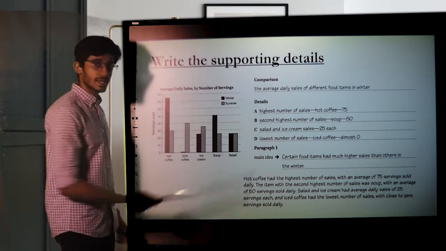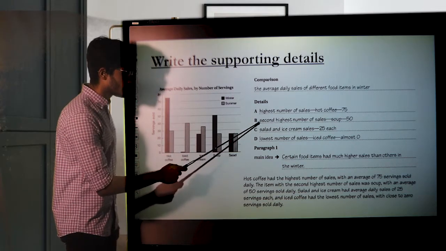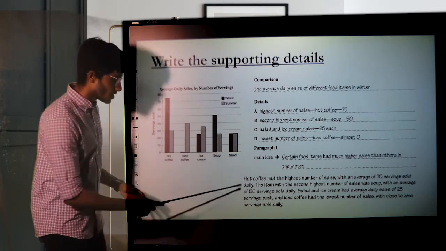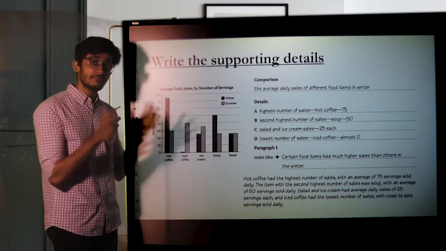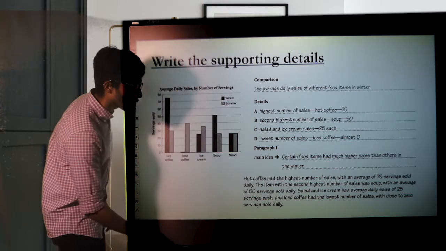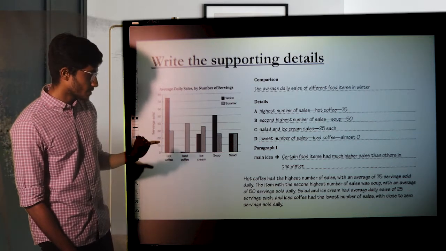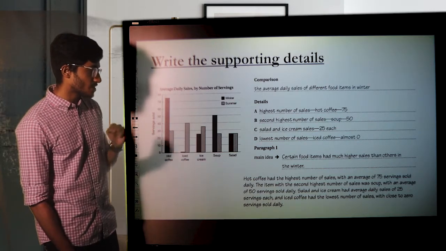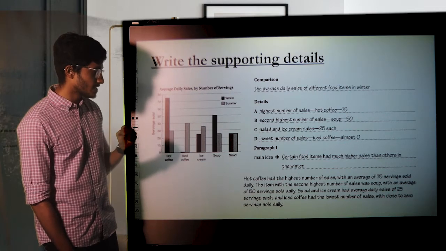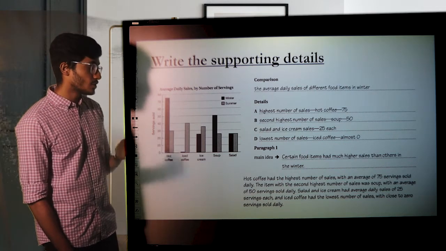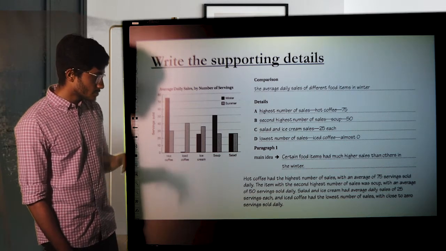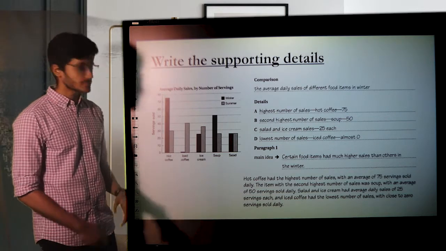We did not just pick sentence after sentence. We are making sure that the sentences fit with each other with proper punctuation. Next: "Salad and ice cream had average daily sales of 25 servings each, and iced coffee had the lowest number of sales with close to 0 servings sold daily."